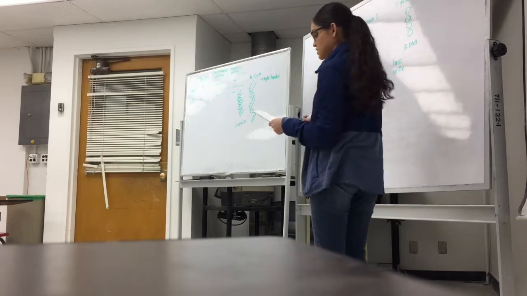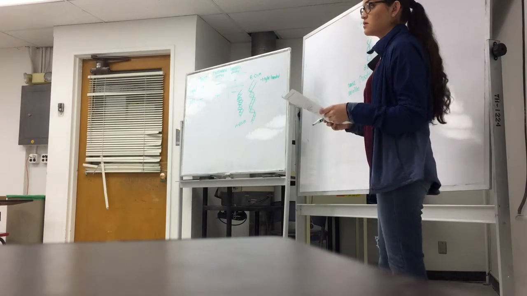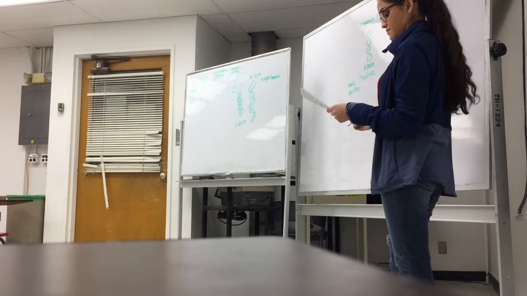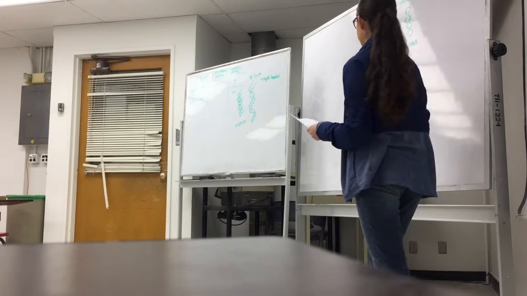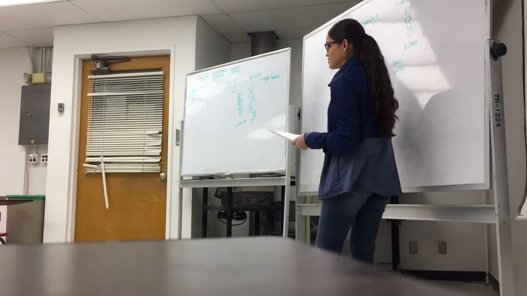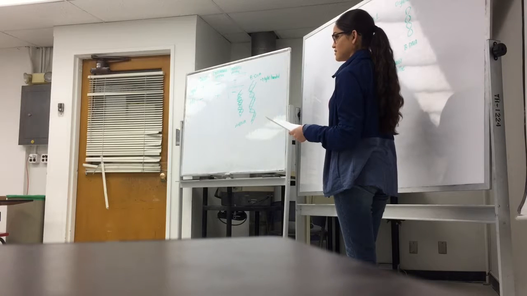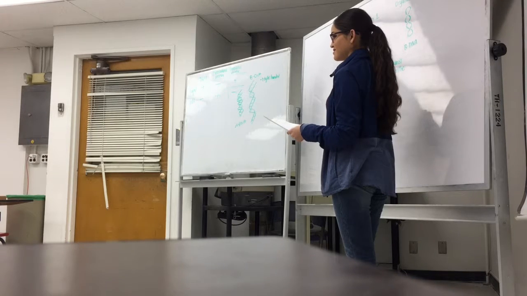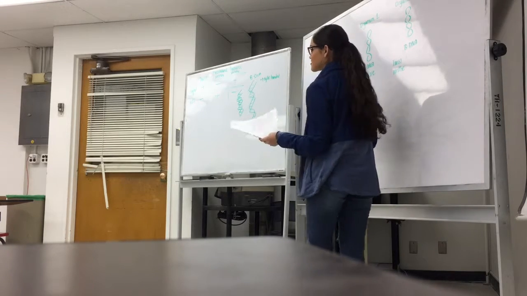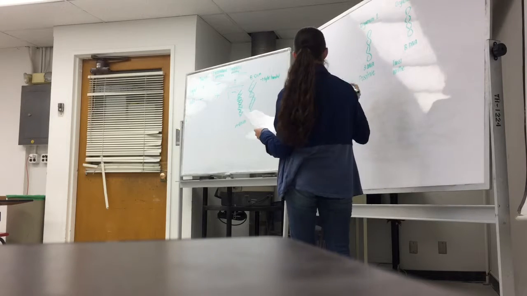Okay, now writhe. Who can tell me what writhe is? For organism 1 it is positive 3. Yes. Why did you get positive 3? Because there are 3 left-handed twists. Yes.